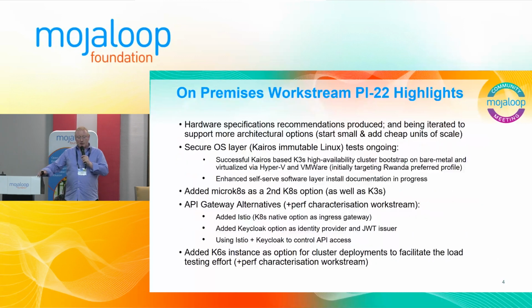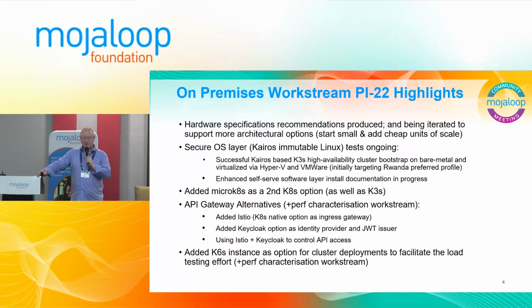So over the last PI, in PI 22, we produced some documentation to recommend what hardware you might need to run Moduloops on. That's being iterated all the time as we're learning more from our adopters. But again, our target is start small and add cheap units of scale approach.